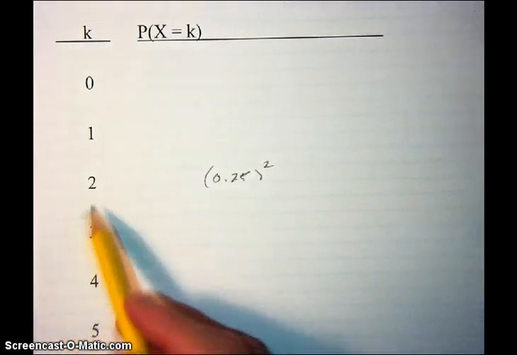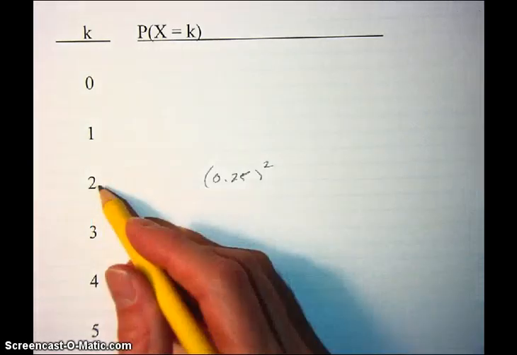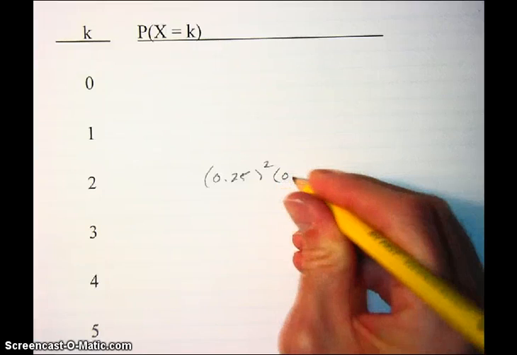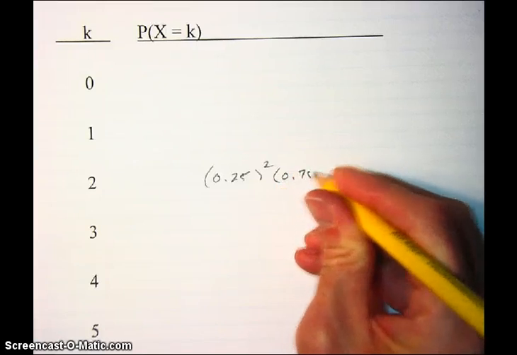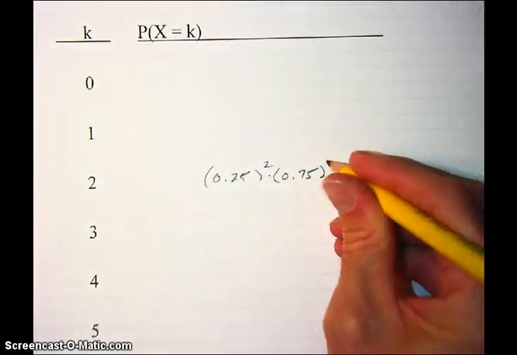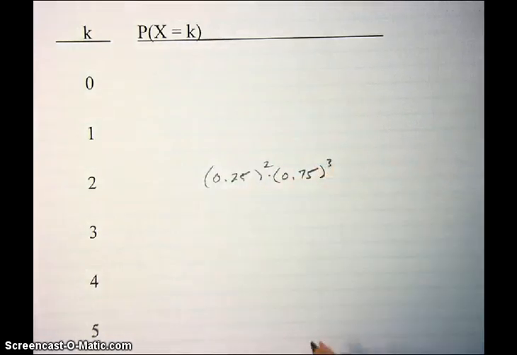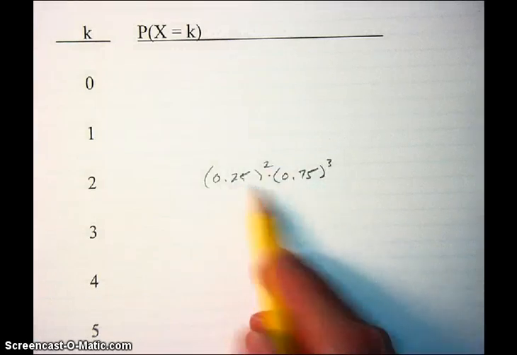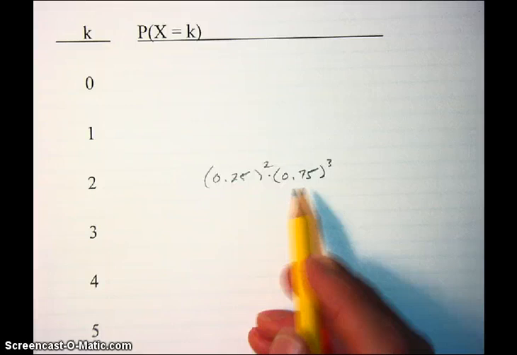And then we have the 3 failures, which each have a chance of 0.75 of coming up. Those are the non-4s. And we multiply the 0.75 chance of failure together 3 times. And this way we have 5 separate probabilities multiplied together. 2 P's and 3 1 minus P's.